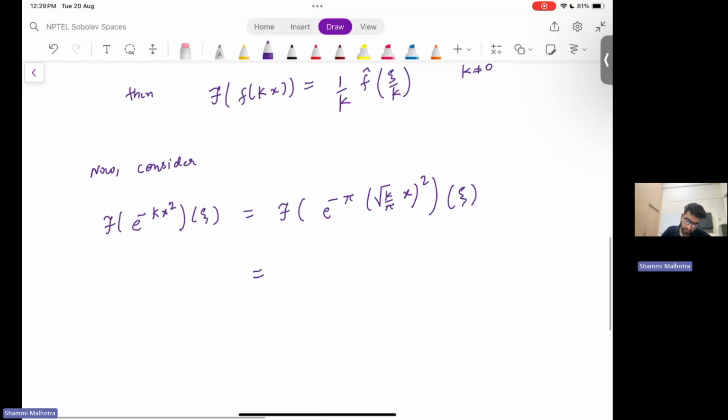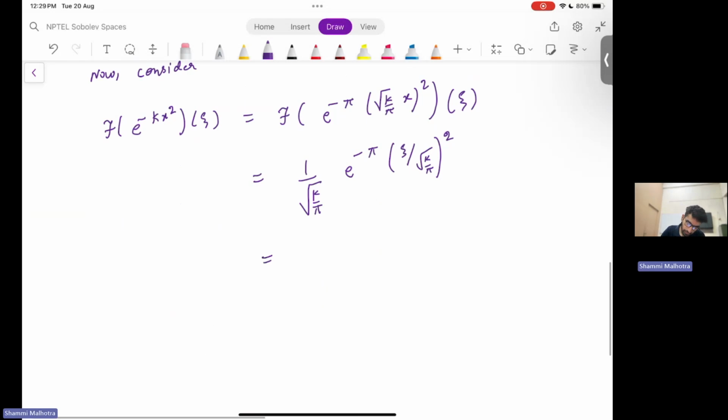So this can be written as 1 upon square root of k by pi, and then we have f hat, which is the same thing, so I'm directly writing it as e raised to the power of minus pi, and then xi square by k has to be here. So it's like xi divided by square root of k by pi, whole square.